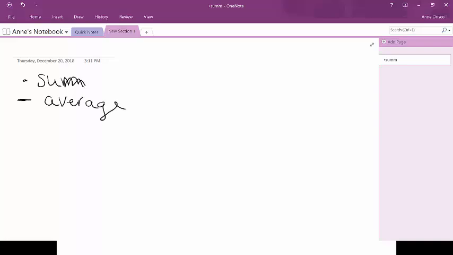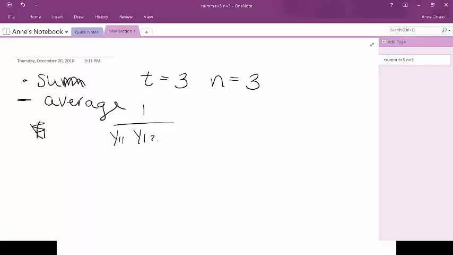Let's say that we have our data, y1, with t equal to 3 groups and n equal to 3. Our first group has y11, y12, y13.